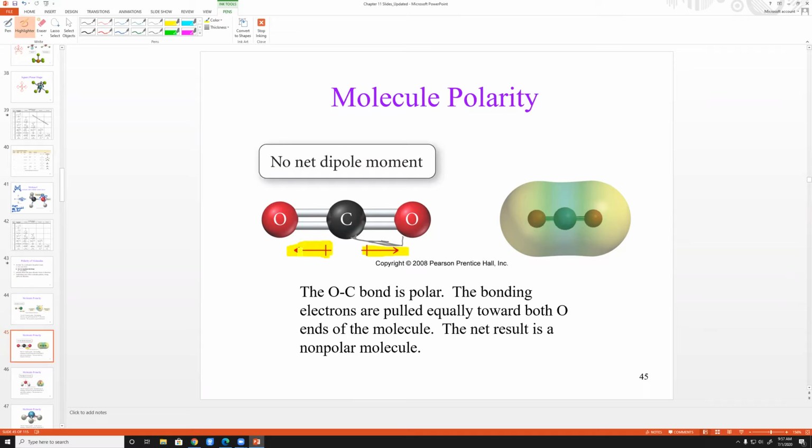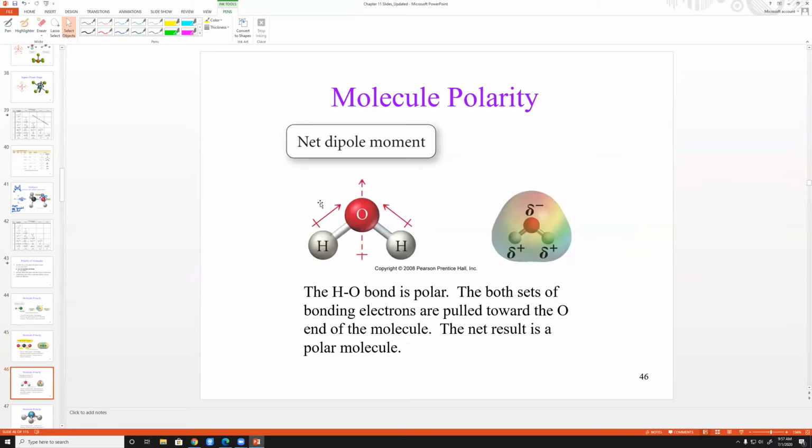Since we know the molecular geometry is linear, we can say that because it's linear, it's symmetrical. Therefore, the molecule as a total, or net, would have no net dipole moment, and it would be a nonpolar molecule. So we can use our symmetry to figure that out.